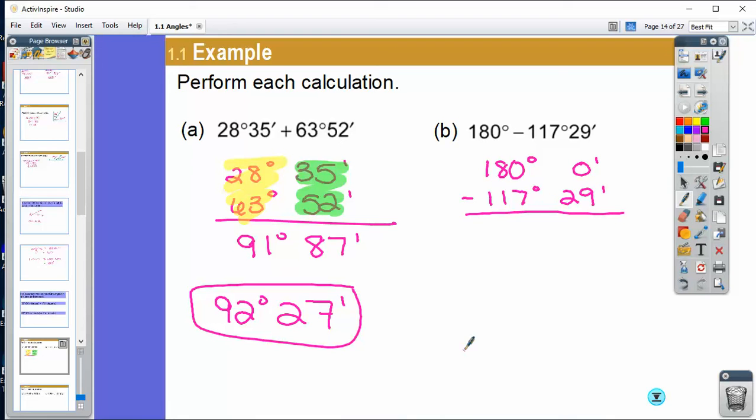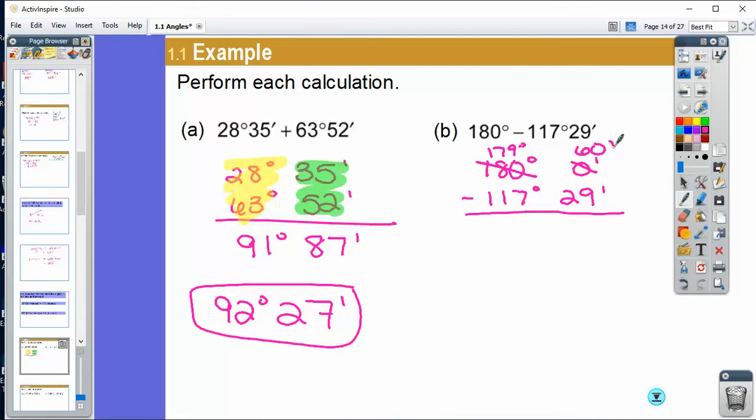Now, if I take away 1 degree, this becomes 179. Does that give me 1 minute over here? No. 1 degree is how many minutes? 60. So this will bring over 60 minutes when I borrow.